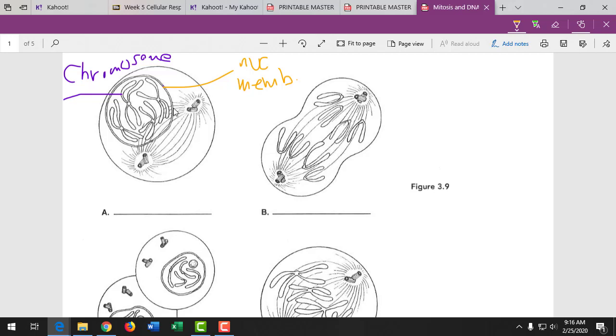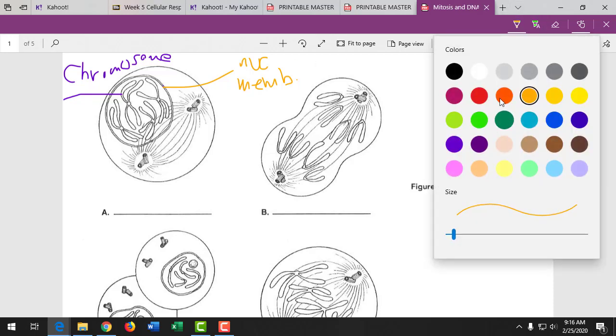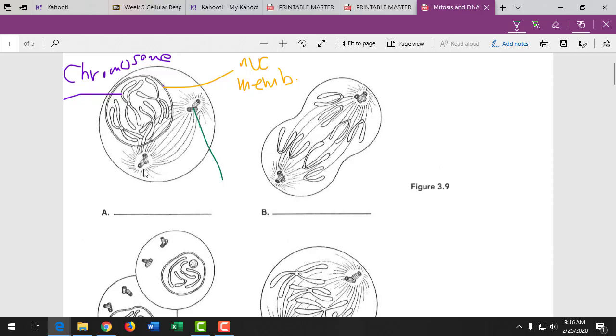It should disappear, because I can see here it's disappeared. So we want that nuclear membrane to disappear. And then these structures are what again? Yep, those are centrioles. This particular phase we would call early prophase, because the nuclear membrane is still present.